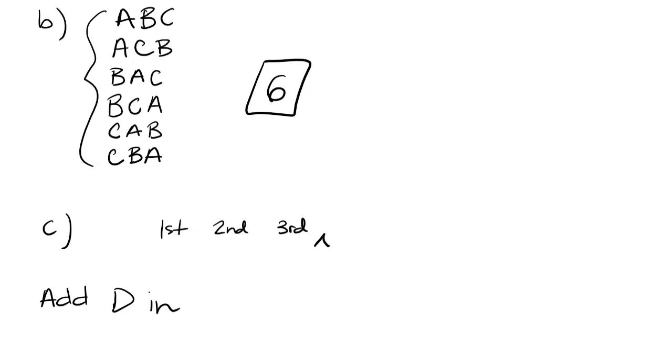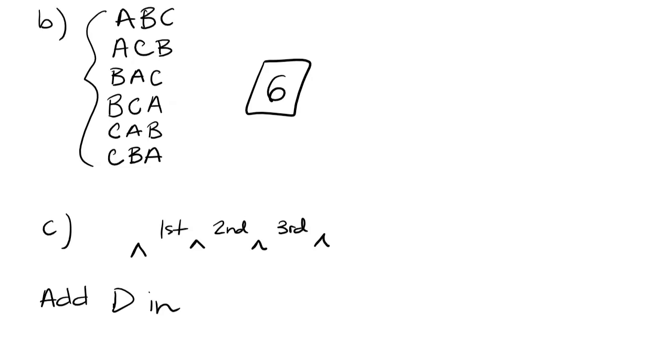I could instead put them before the previously last person, so keep whoever was last and put them second to last. I could instead put them between the first and second person, or I could put them first in the list.